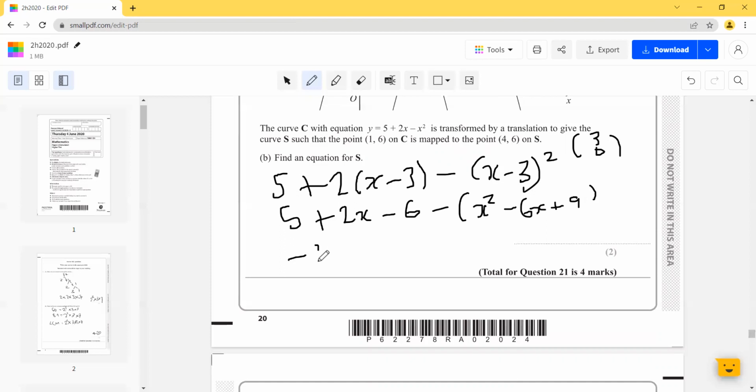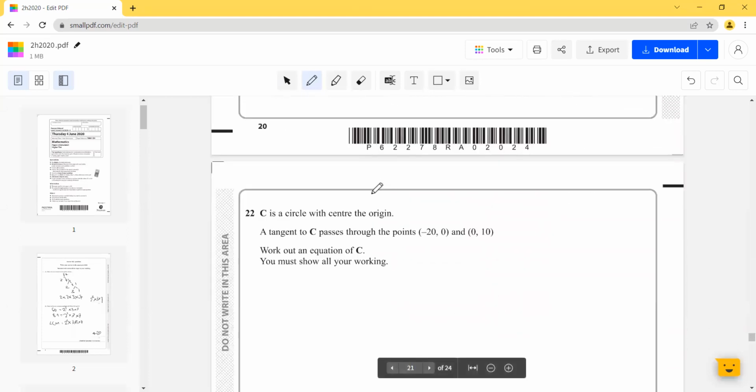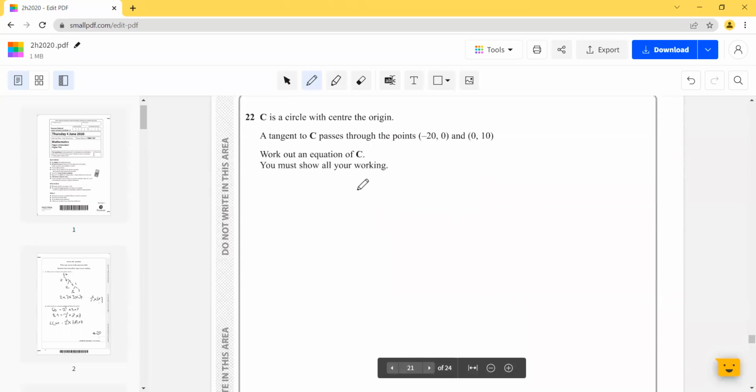So we have minus x squared, okay, and we have plus 8x, okay, and well, 5 minus 6 is minus 1, and minus 1 minus 9 is minus 10. So minus x squared plus 8x minus 10. Okay, last question.